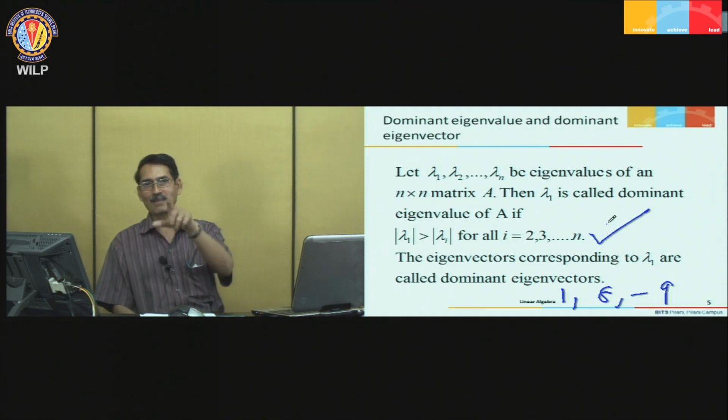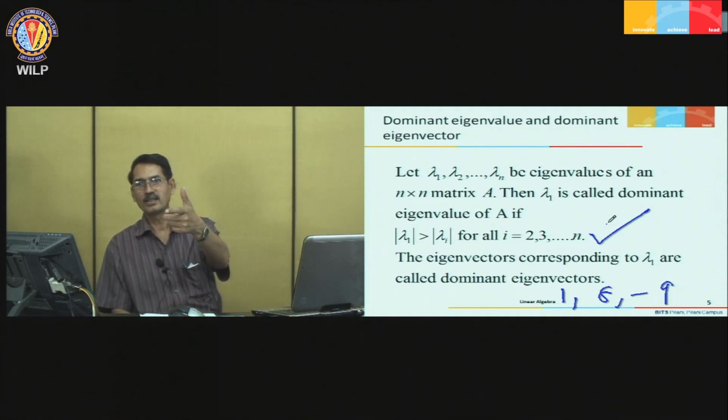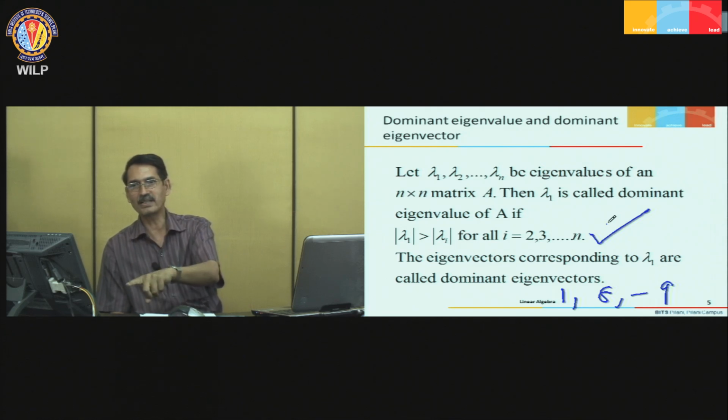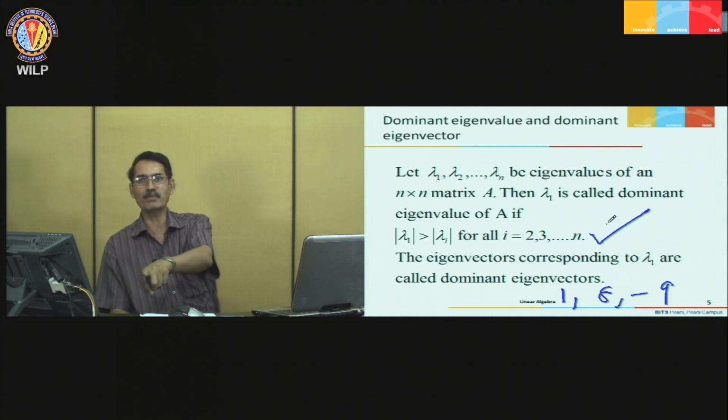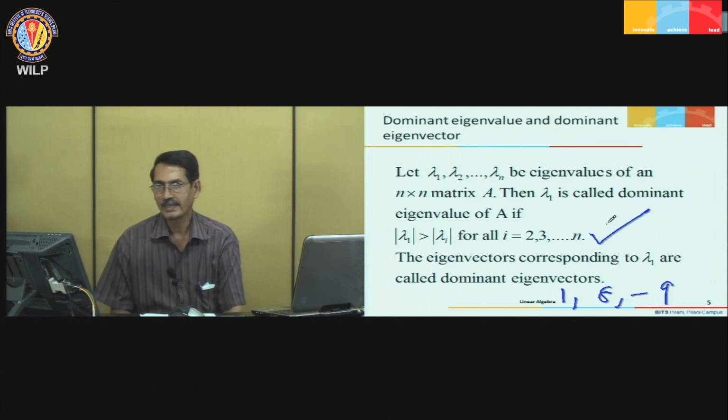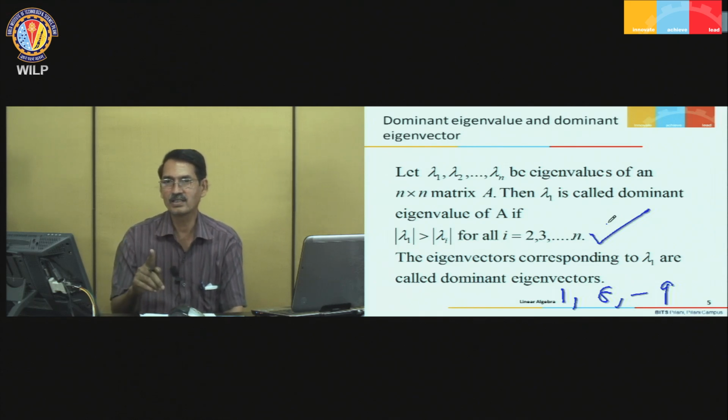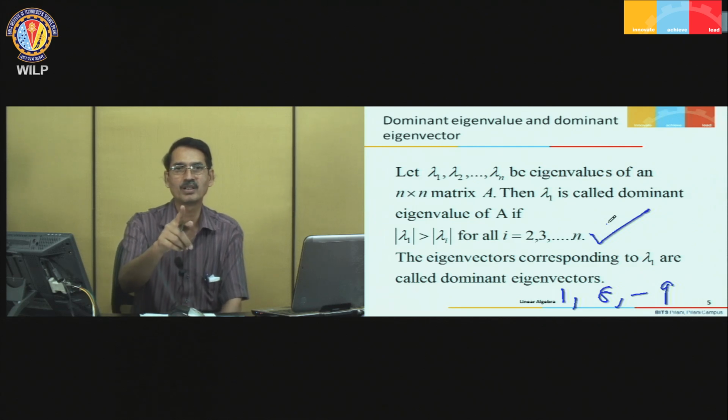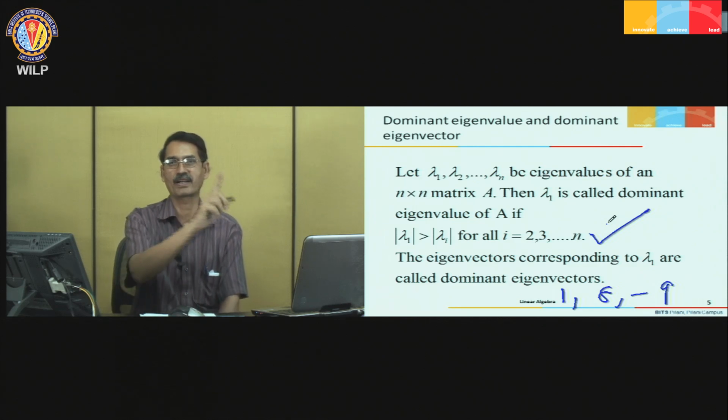Similarly, if lambda 2 is the dominant eigenvalue, then the modulus of lambda 2 is bigger than the modulus of lambda n, bigger than the modulus of lambda 3, bigger than the modulus of lambda 4, and so on. The eigenvector corresponding to the dominant eigenvalue is called the dominant eigenvector.